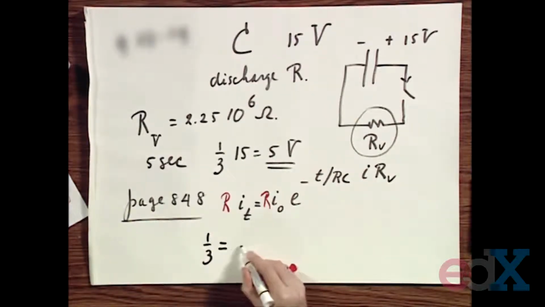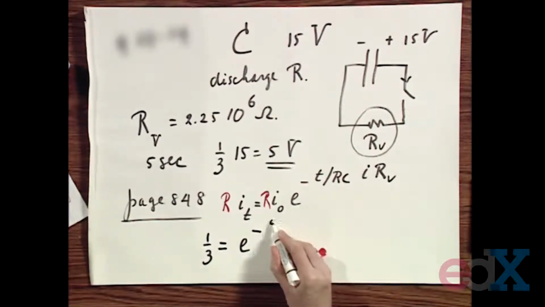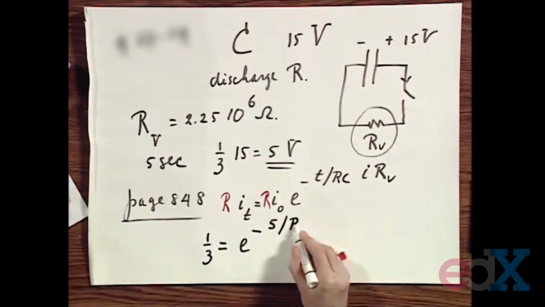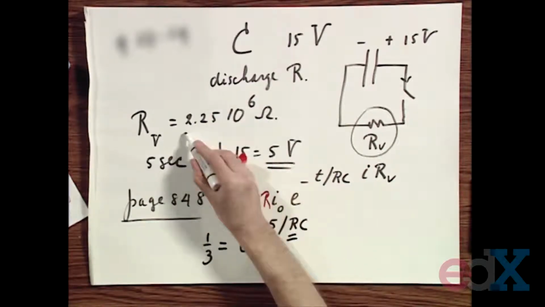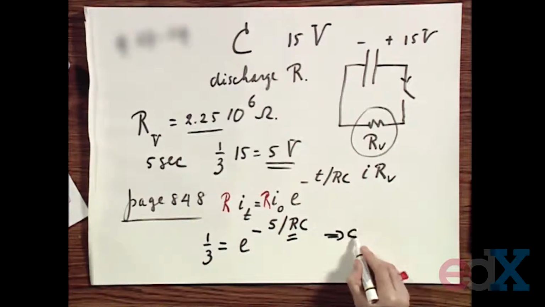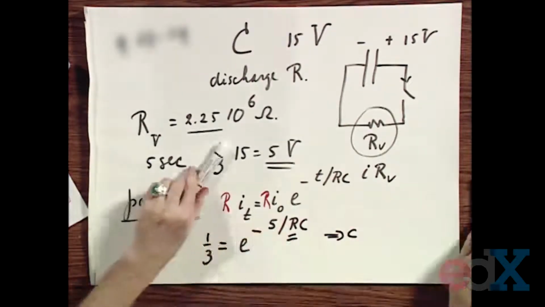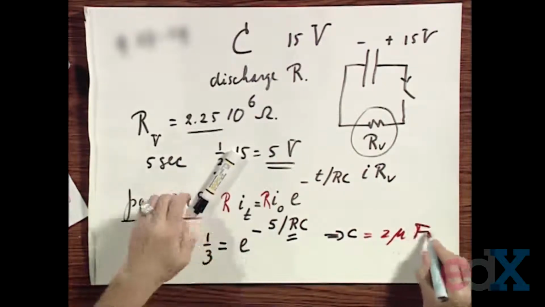So 1/3 equals e to the minus t over RC. t is 5 seconds over RC. Well, you know R, 2.25 mega ohms. So out pops C, and I found that C equals 2 microfarad.